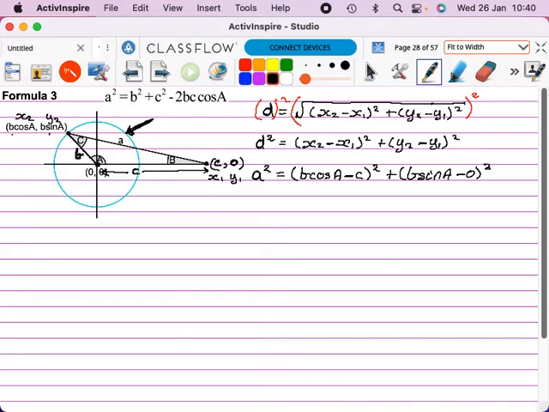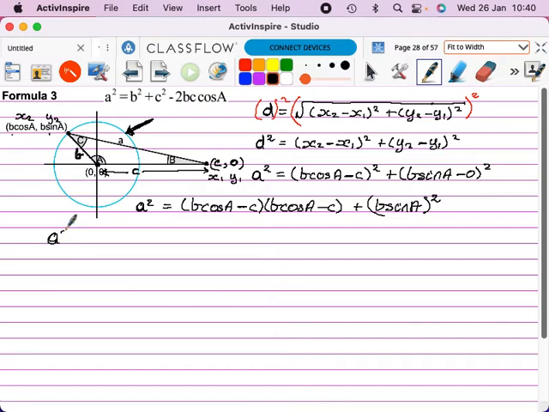So we now need to square out these brackets. So a squared is equal to (b cos A minus c) on (b cos A minus c), plus (b sin A) all squared.